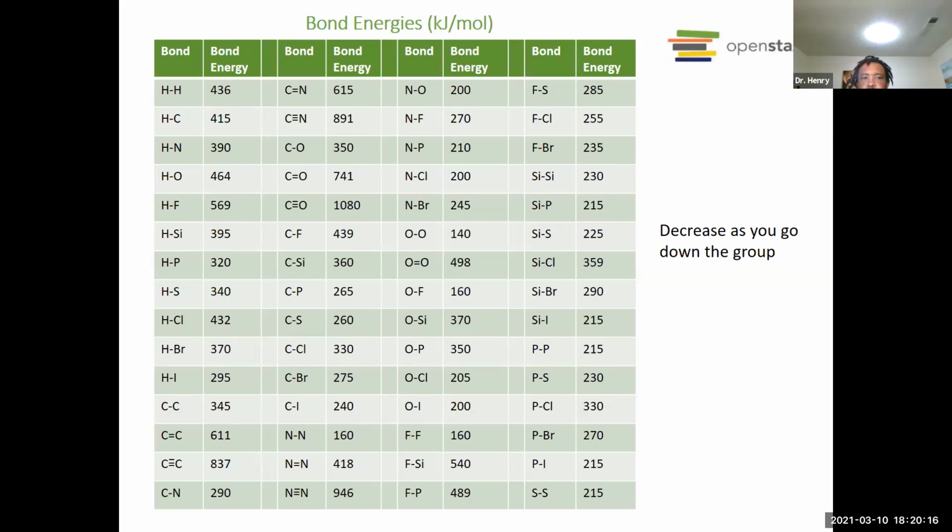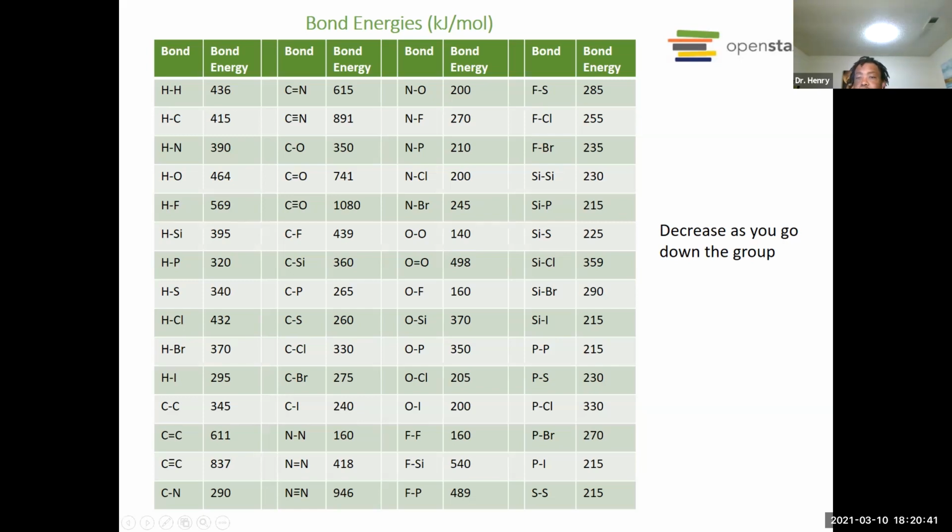If we go to a single bond, let's see, where's my CN? Down here we have CN at 290 compared to our double bond. So a single bond is easier to break than a double bond. Does that make sense? Okay.